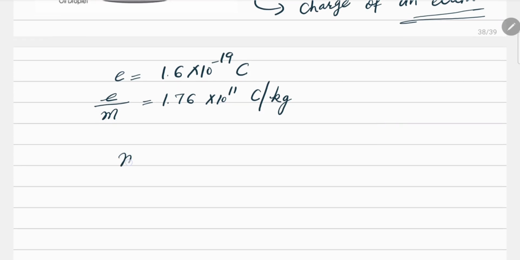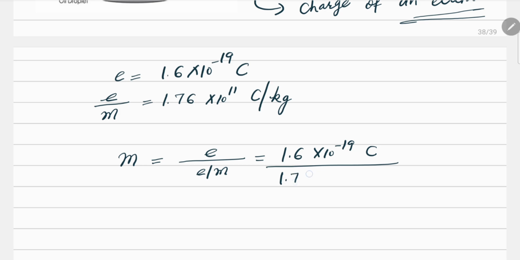Mass comes out to be equal to the charge on the electron divided by the charge to mass ratio. So that was 1.6 into 10 raised to power negative 19 coulomb divided by 1.76 into 10 raised to power 11 coulomb per kilogram.